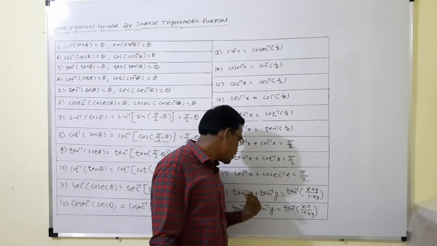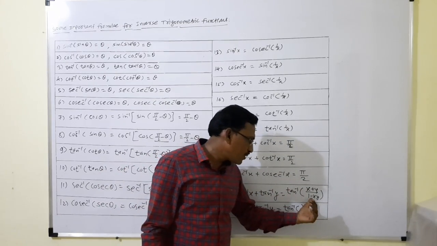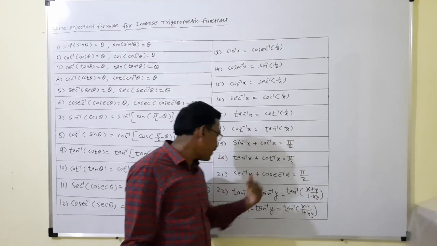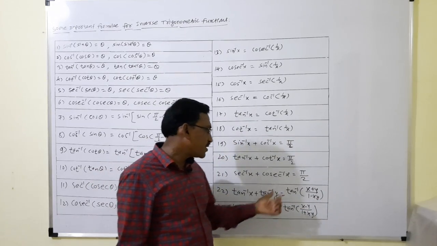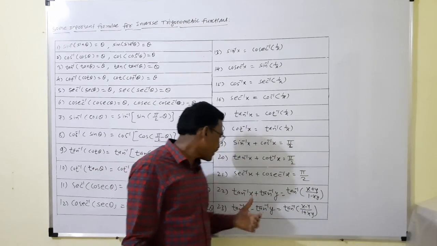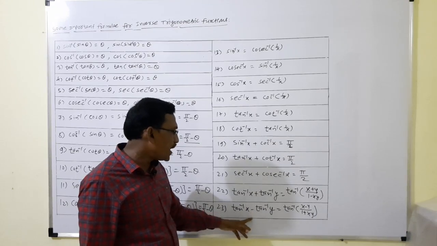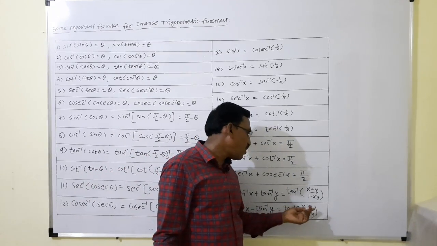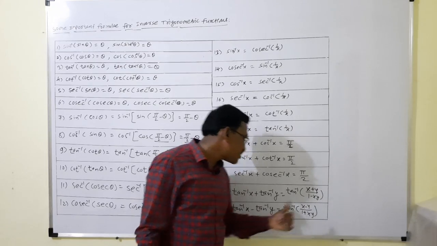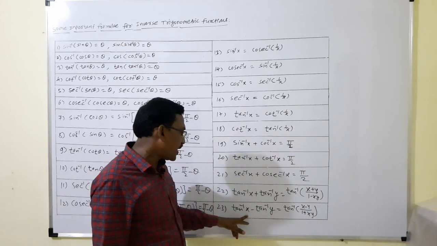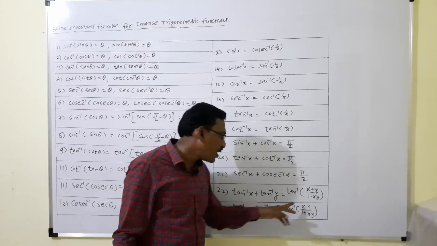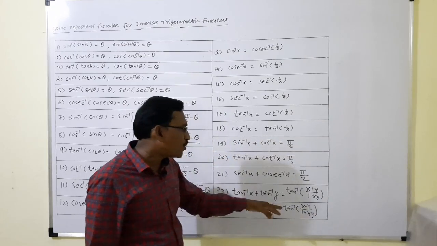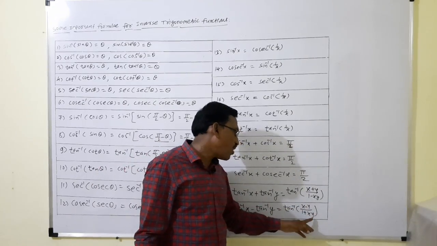Whenever here it is plus, in the denominator it is 1 minus xy, and whenever it is minus, then in the denominator 1 plus xy. Then next formula, tan inverse of x minus tan inverse of y is tan inverse of x minus y upon 1 plus xy. Angle of tan is x, angle of tan is y, so x minus y upon 1 plus xy.